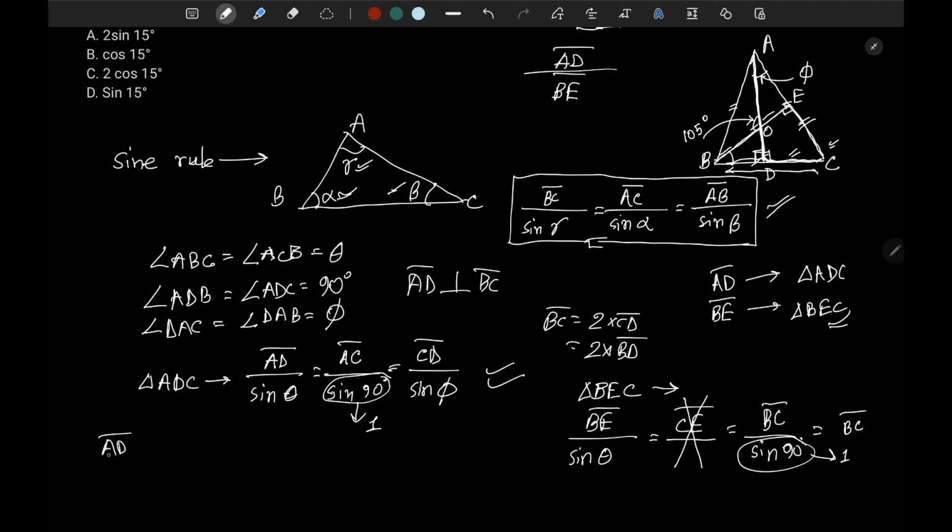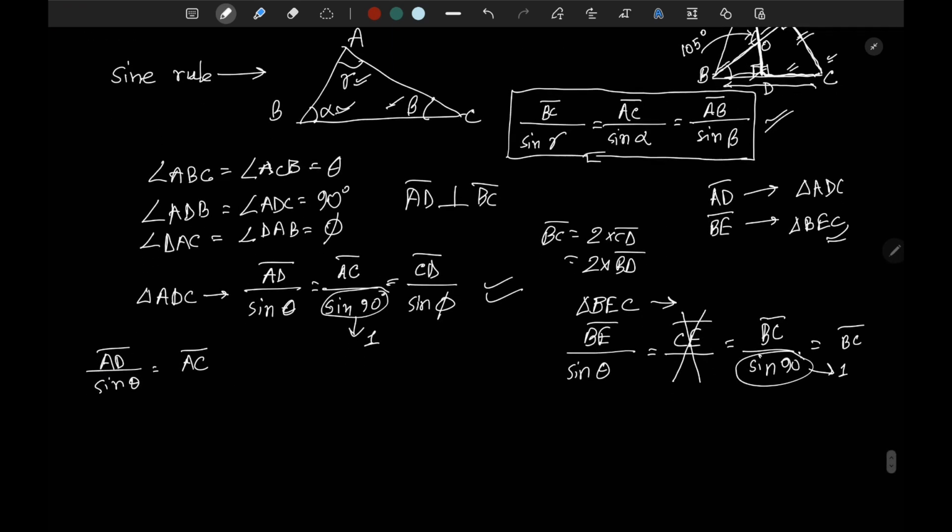We have AD by sine theta equal to AC, right? And this is from this particular relationship, and from this second relation we have what? BE by sine theta is equal to BC, right?